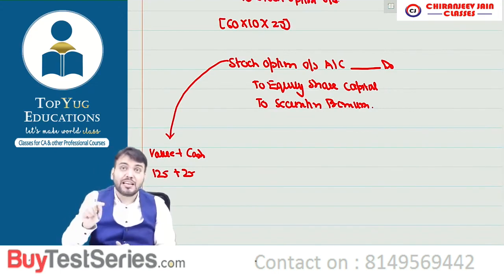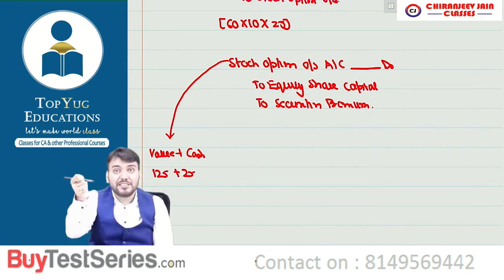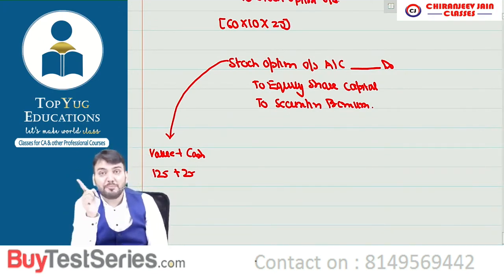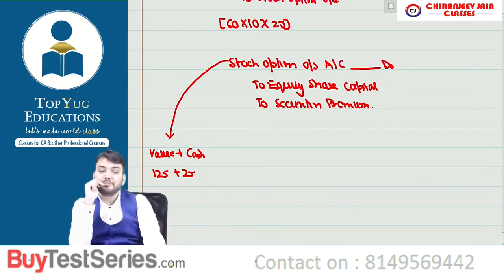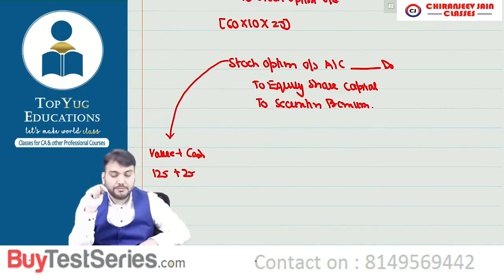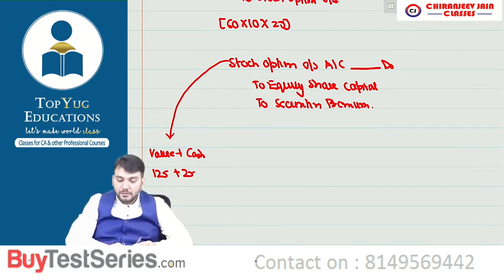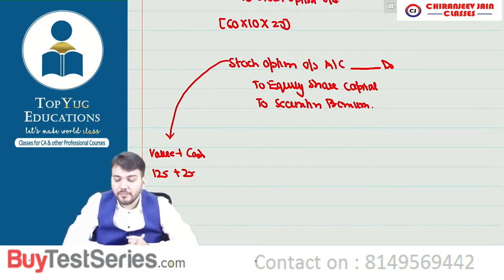It means total consideration received is 150. Out of 150, 100 is the nominal value. So 50 is premium. Can you give me this amount, everyone?